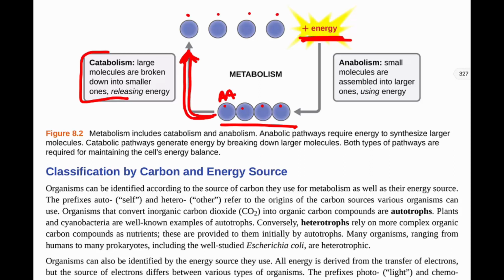And then that energy can go into an anabolic reaction, or anabolism. That's where we take small molecules and assemble them into larger ones, using up that energy. So in our bodies and in the bodies of microorganisms, bacteria, etc., they're going through a process of catabolism and anabolism at the same time, constantly undergoing, because catabolism provides the energy to then go through anabolism.